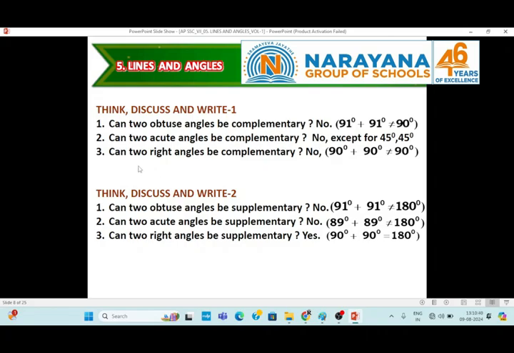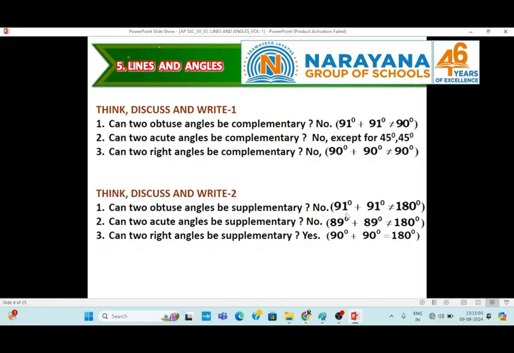Now, can two right angles be complementary? First of all, the value of every right angle is 90 degrees. So the sum of two angles must be 90. Then this case is also not possible. So, no. Next, can two obtuse angles be supplementary?